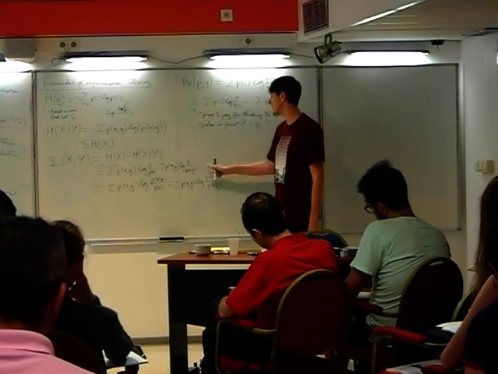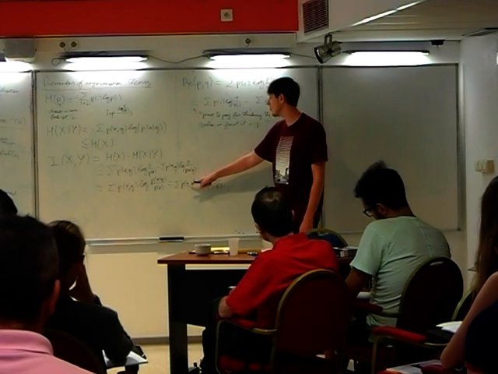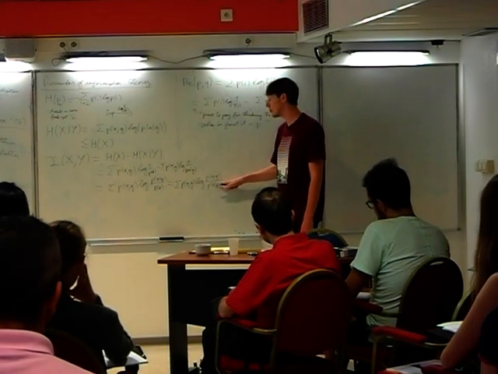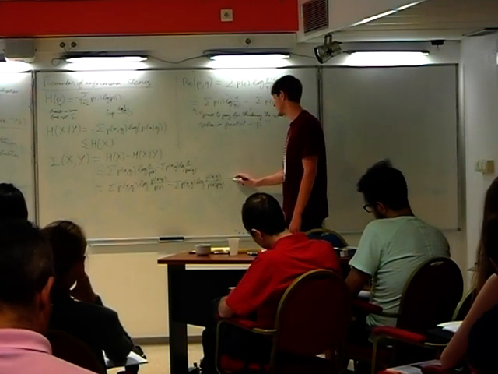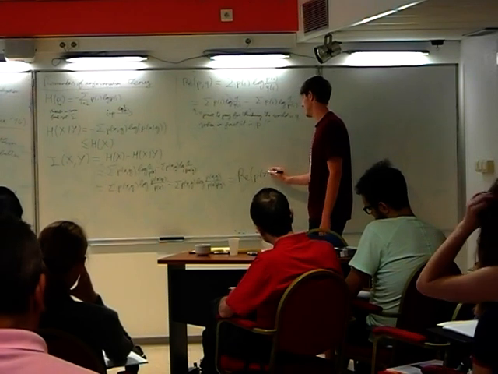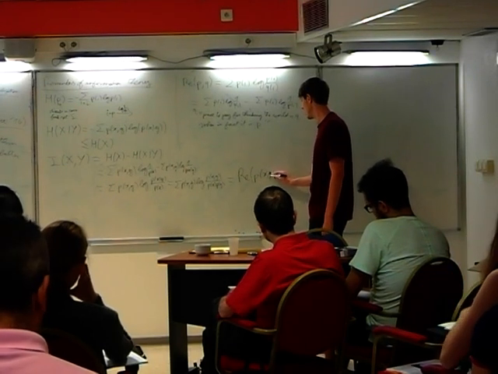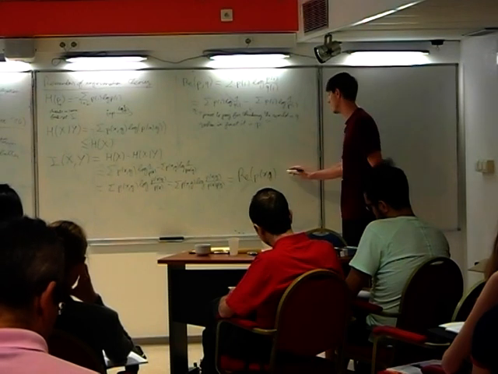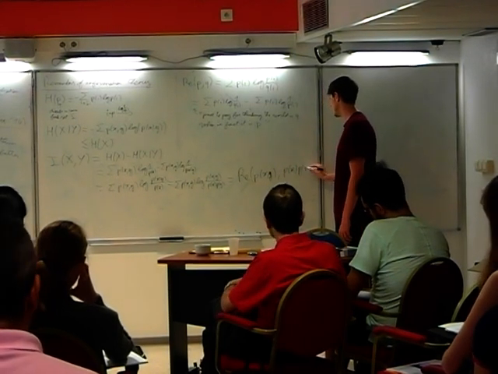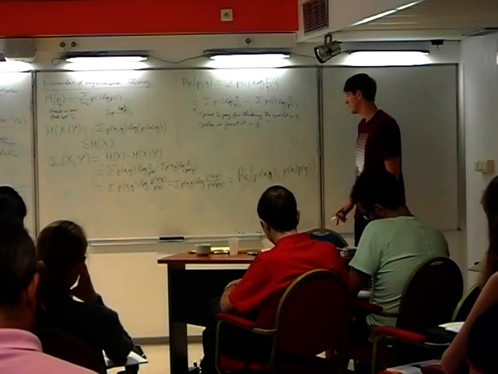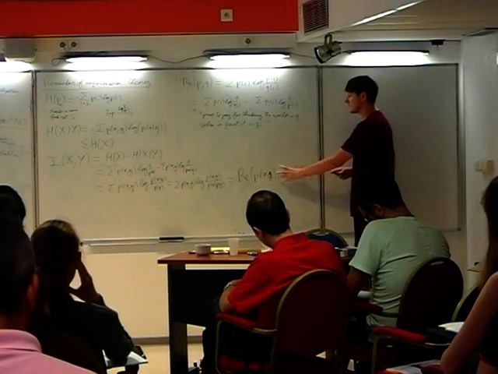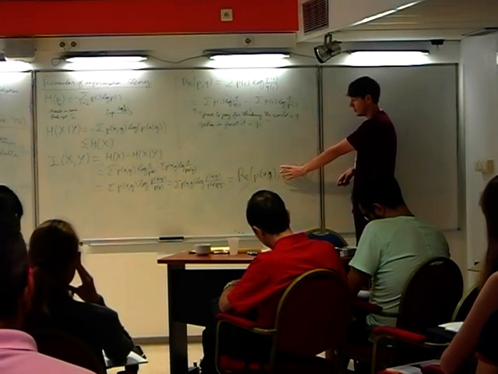And now I see a relative entropy. This is the relative entropy between the joint distribution over x and y and a product version. So this is the relative entropy between P of x,y, the real joint distribution, and the decoupled version, P of x times P of y. This has a very clear intuition behind it.